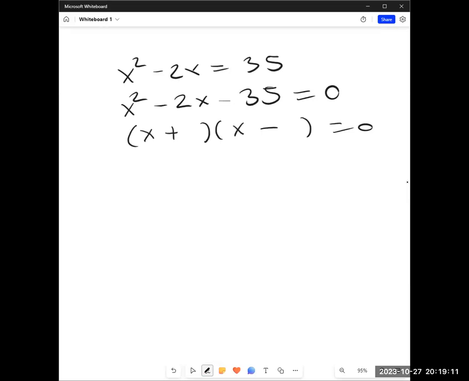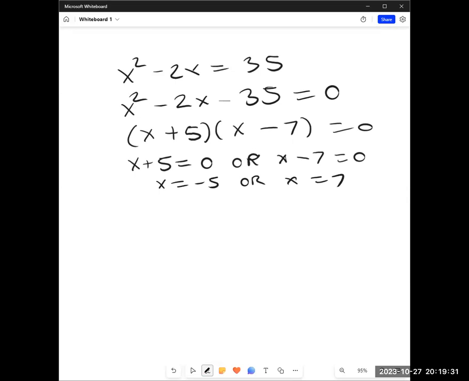Signs are different. Bigger one is negative. Have a difference of 2, so that's a negative 7 and a positive 5. x plus 5 equals 0, or x minus 7 equals 0. x equals negative 5, or x equals 7.